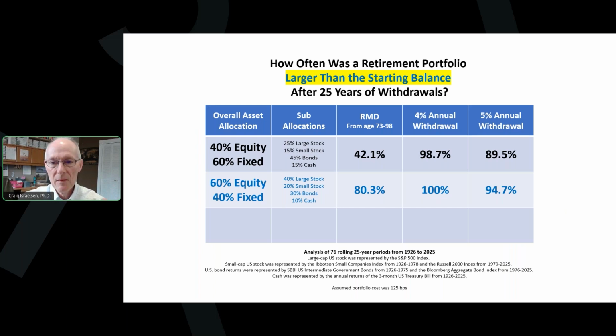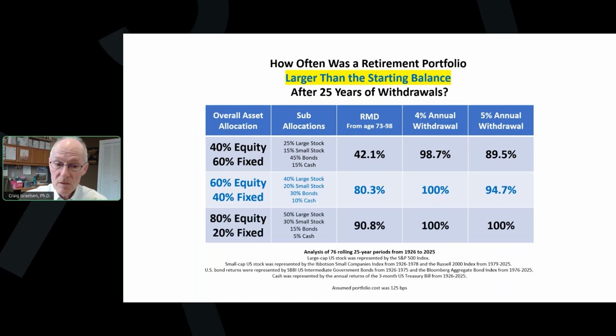You can see that. Whereas in a more conservative portfolio, if we're taking out 4% a year or 5% a year, there's not a whole lot of difference in the results after 25 years. Basically, with a 4% withdrawal rate, this portfolio is going to grow. And with a 5% withdrawal rate, you're just below 90% of the time it grew.